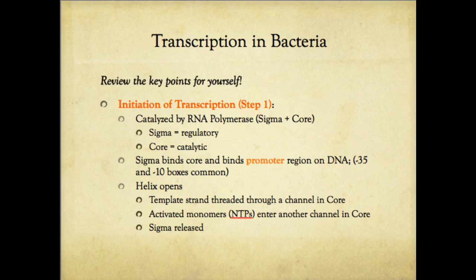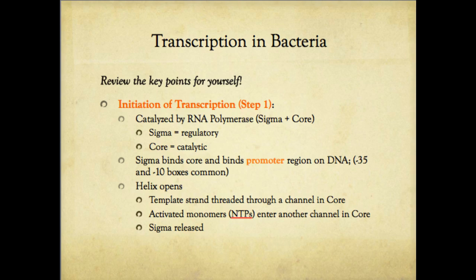Now, in order to understand where sigma binds, we need to review how we number bases in DNA. The first base that sits in the coding region of the DNA, in other words, the region of the gene that codes for protein, that base is designated as the +1 site. So any base that comes before that, to the left of that, if you will, we refer to as an upstream base.